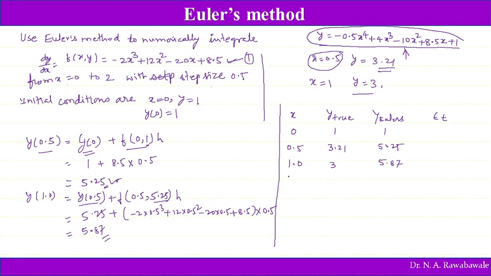And if we further move, then x is equal to 1.5, true value of y will be 2.21 and Euler's value will be 5.12. Then at 2 we get this as 2, whereas we get Euler's value as 5.0, and so on. So here you can find out the error also.